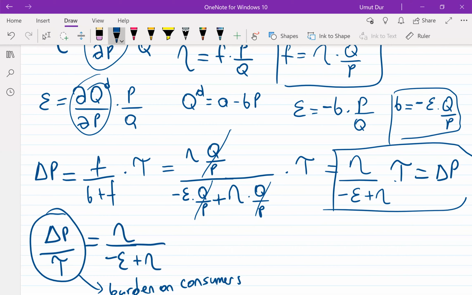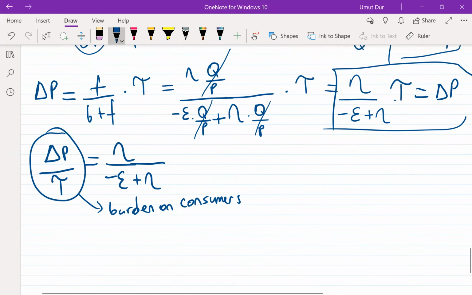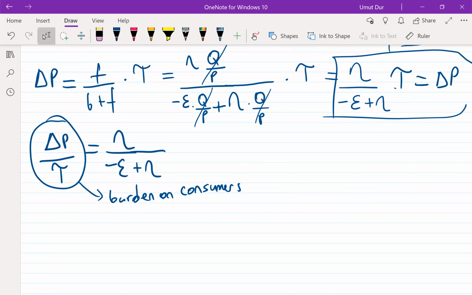Now I will briefly talk about what happens if the demand becomes more elastic, and what happens if the supply becomes more elastic. What is the demand elasticity here? With which letter do I represent the demand elasticity? With the epsilon, of course.